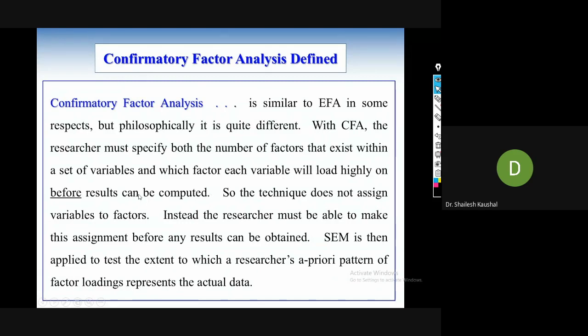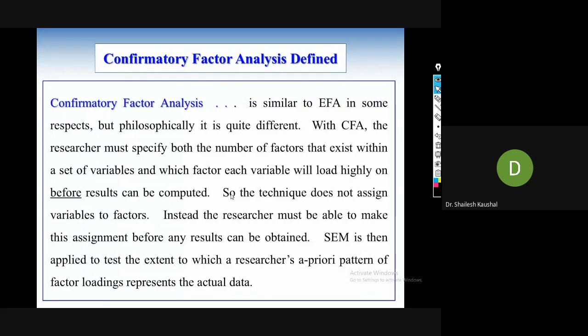In confirmatory factor analysis, we do not need to perform exploratory factor analysis beforehand, because it is a tested model. If you use exploratory factor analysis before confirmatory factor analysis, there may be a possibility that some questions will come under other factors.